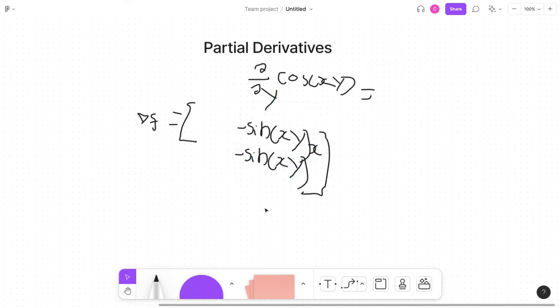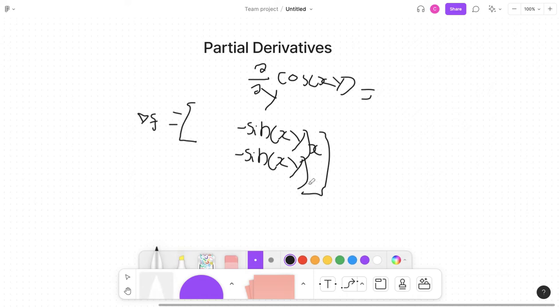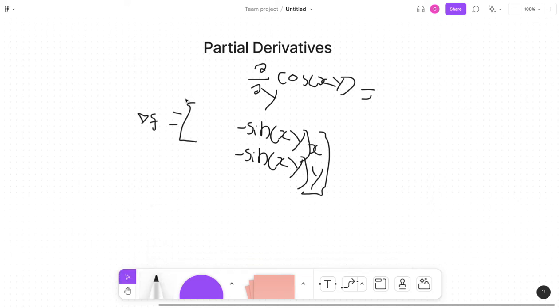And negative sine xy times y, and then negative sine xy times x, and let's move all of this here. So that's like how to take a gradient and a partial derivative. I know that was really short, and yeah, I don't care.